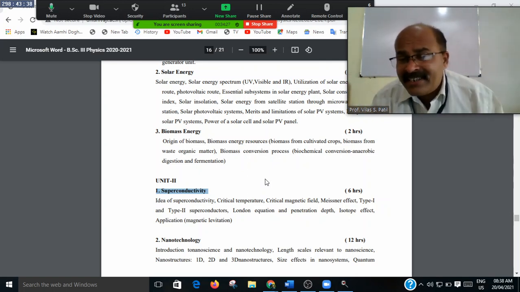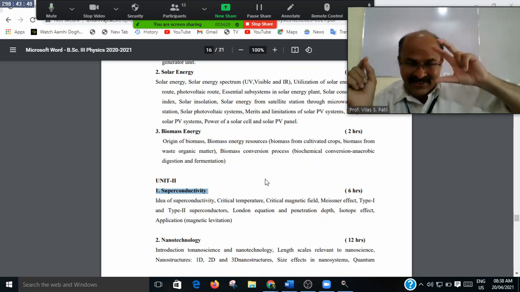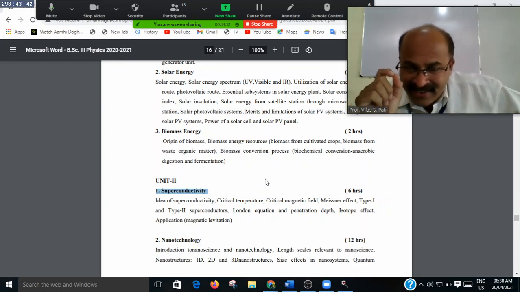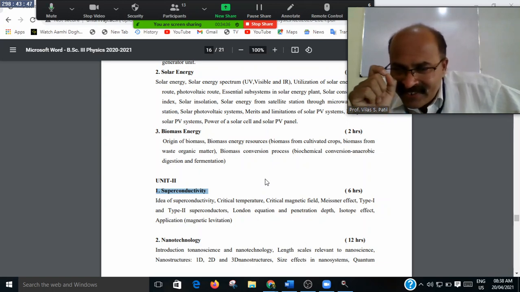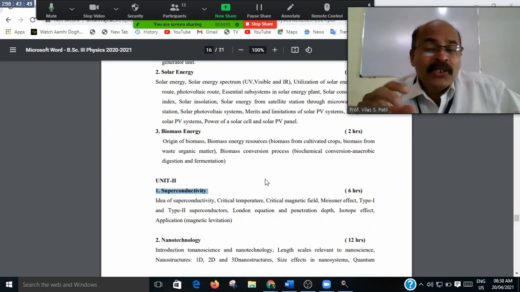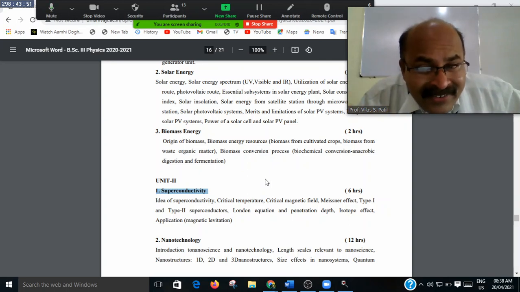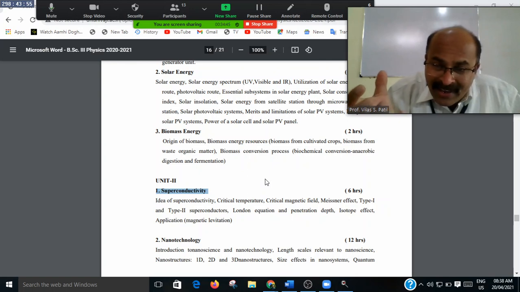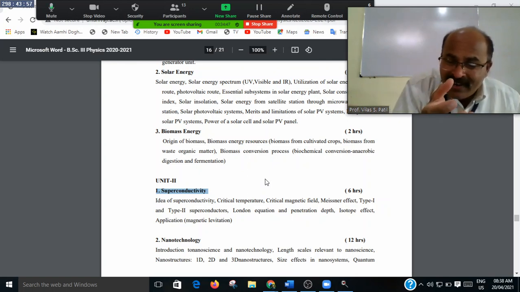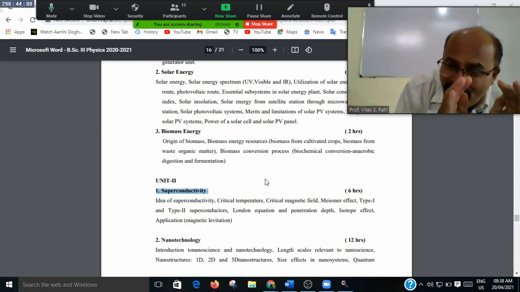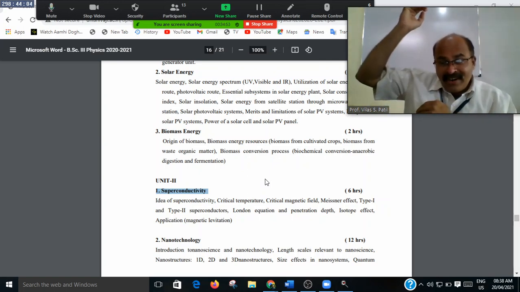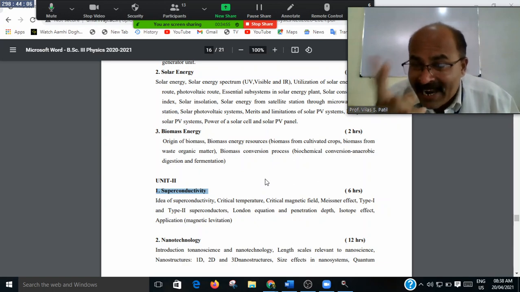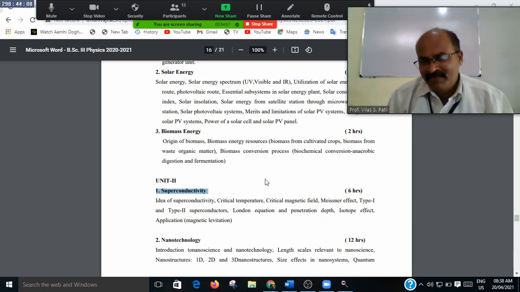Some conductors, just hear keenly, just hear properly, some of the conductors will go to the phase of superconductivity if two matter parameters are changed.